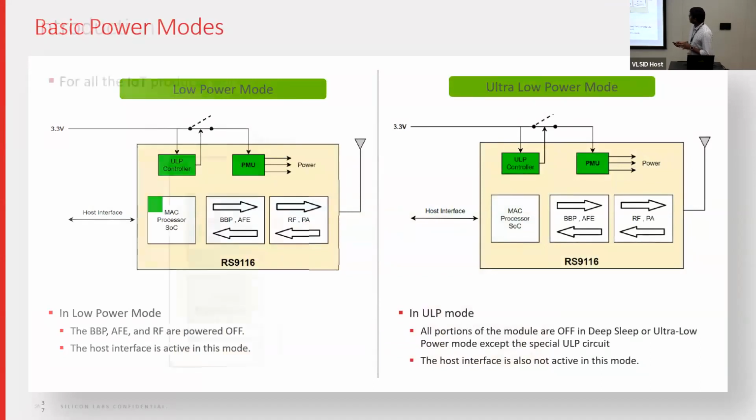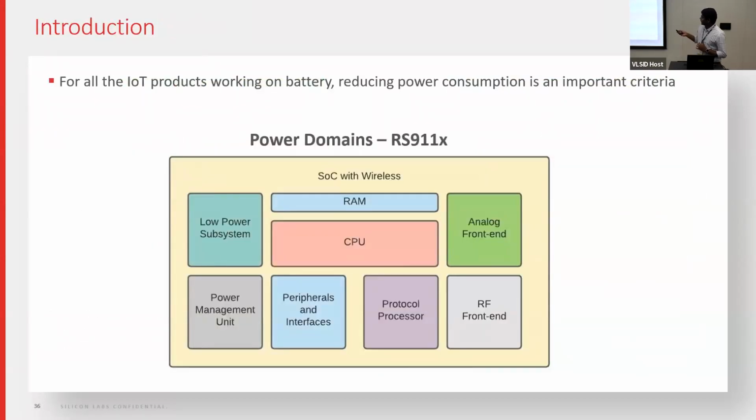Depending on the state of the module, the power mechanisms are implemented. For example, in these power domains, we have the low power subsystem, power management unit, RAM, CPU, peripherals and protocol processor, and the RF and analog front end.